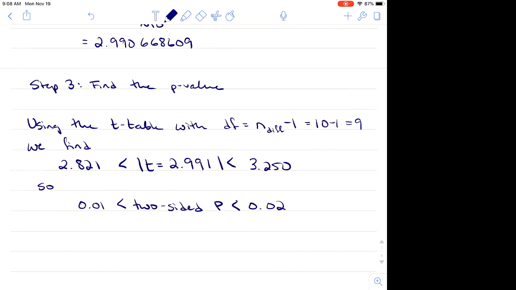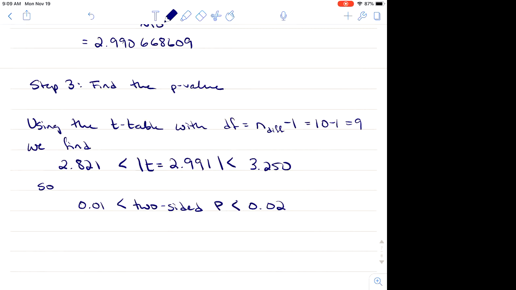It's somewhere in between here. So if your alpha level is 0.02, for example, then your p-value is less than that. If your alpha level is 0.01, then your p-value is greater than that, right? Because it's between these two values. So that's something to keep in mind, something that I saw on the test.